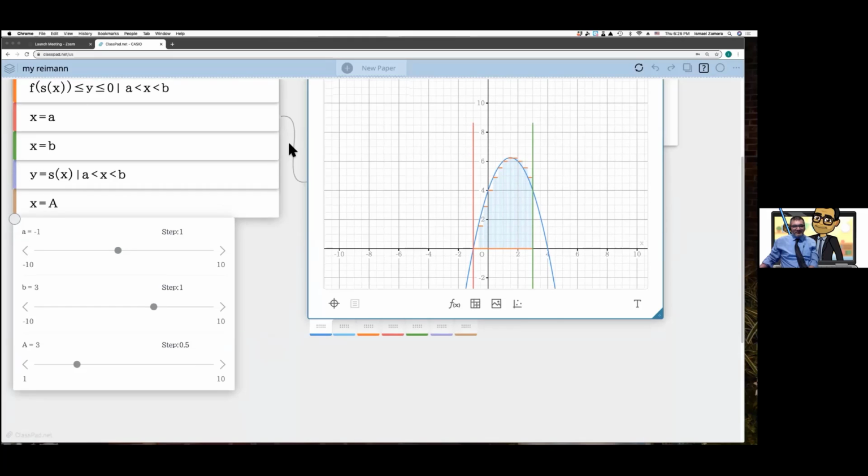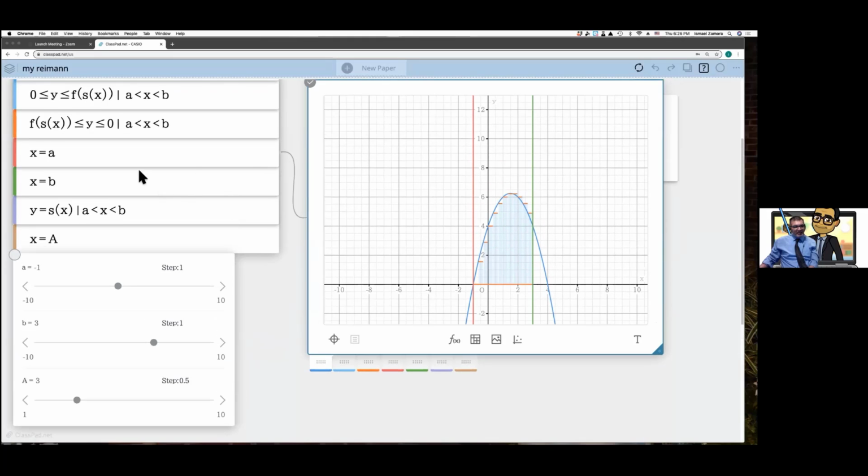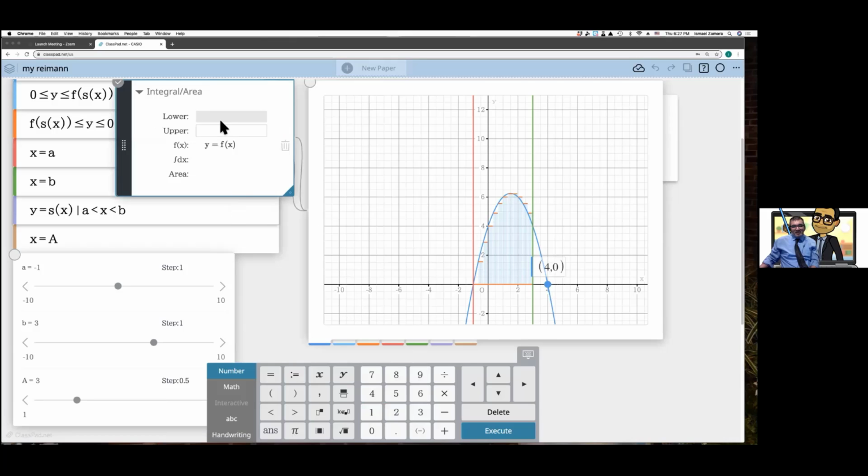You're looking at a Riemann sum, a lot of different sliced rectangles to approximate the area under that curve. Once you take the sum of that Riemann, you can find the integral between points A and B, which in my case are -1 and 3.